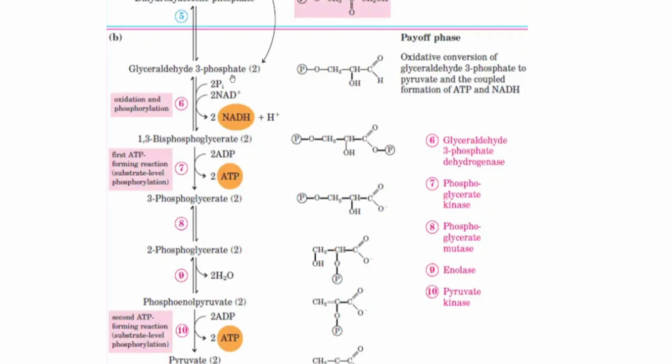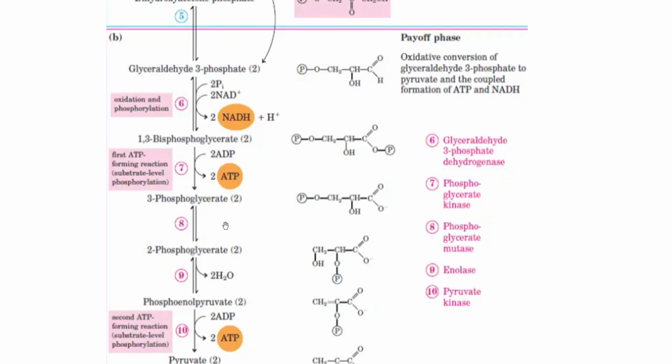So glyceraldehyde 3 phosphate utilizes NAD plus and inorganic phosphate to give rise to NADH plus H plus. Why 2? Because there are 3 carbon moieties, with oxidation as well as phosphorylation happening here. So you have the 1,3 bisphosphoglycerate molecule.